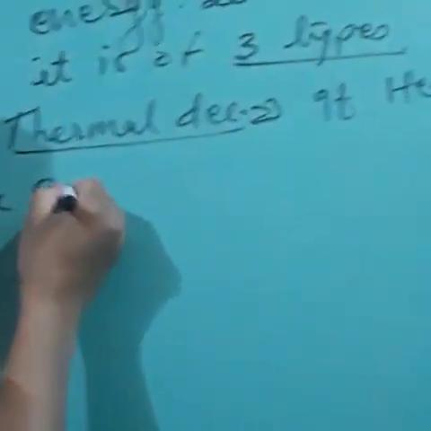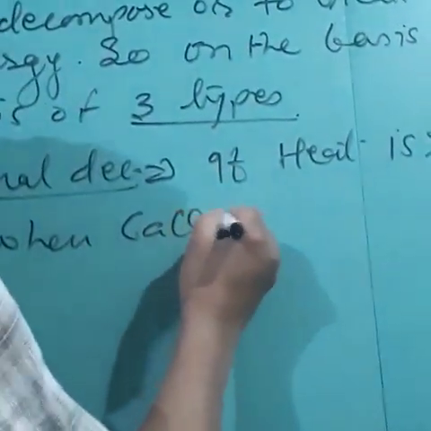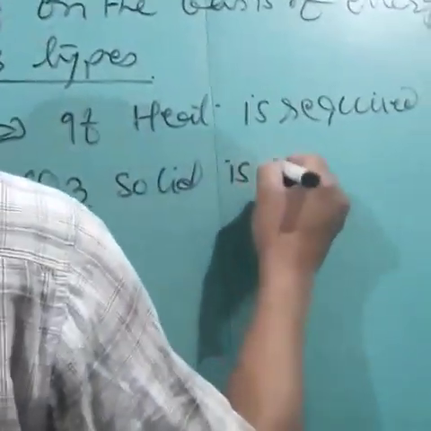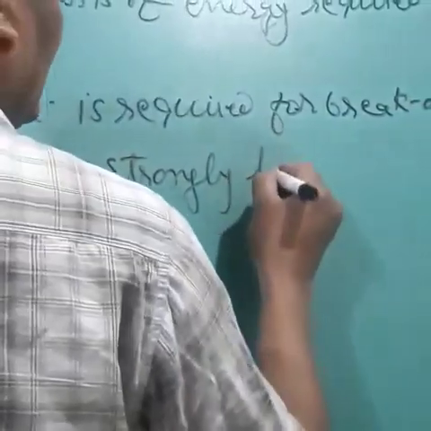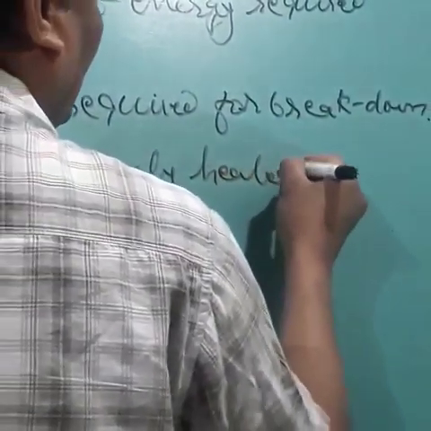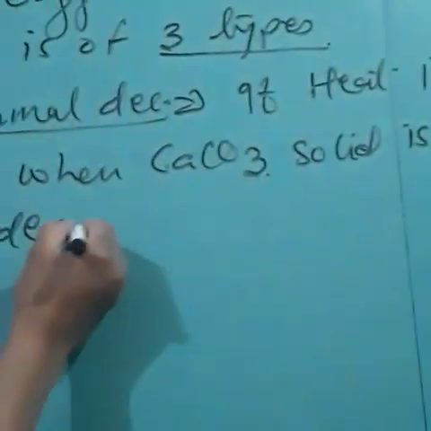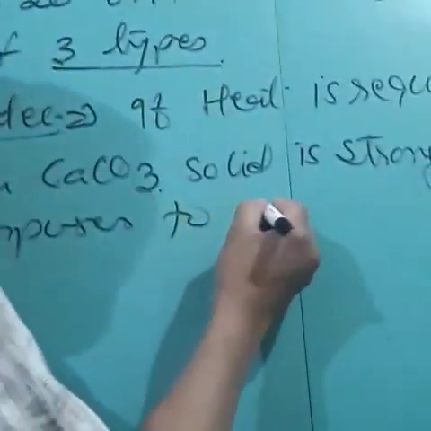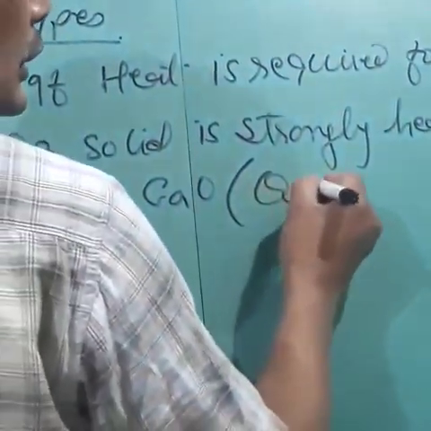Now, what? Example, you can check here the first one. When calcium carbonate CaCO3 solid is strongly heated, it decomposes to calcium oxide. That is what? Quicklime.